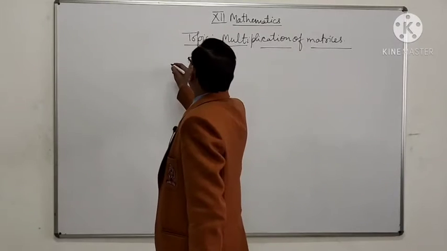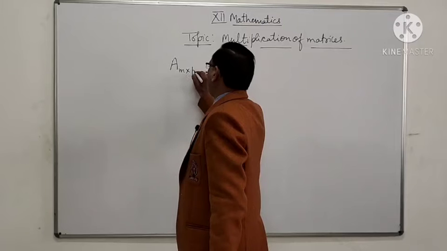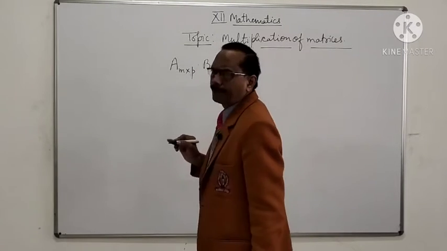Student, let A be a matrix of order m by p. B is a matrix of order p by n.